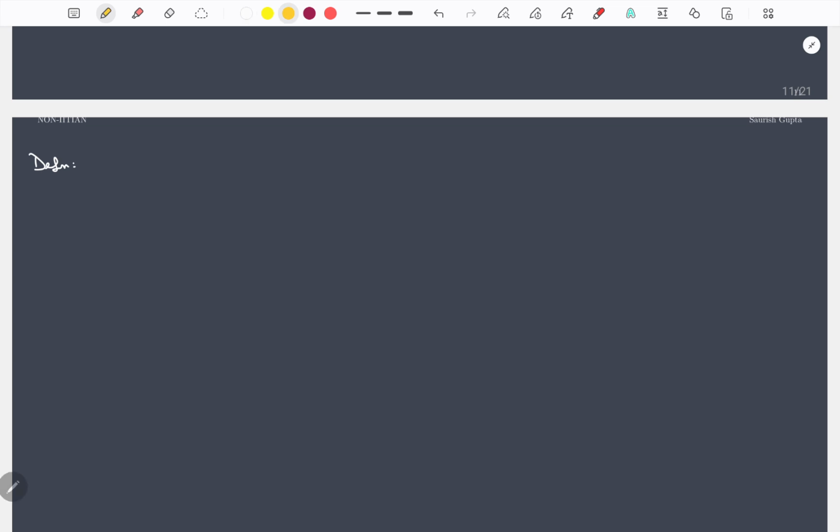Okay, so let G be a group, and let small g be an element of capital G. Then we define g to the power n as follows. We just take g and operate it n times with itself, just as we do in case of any multiplicative set.